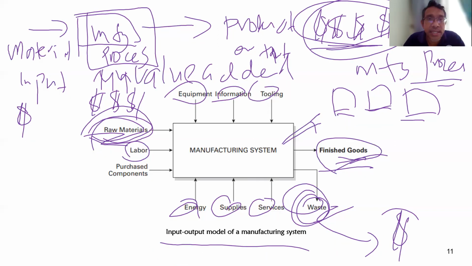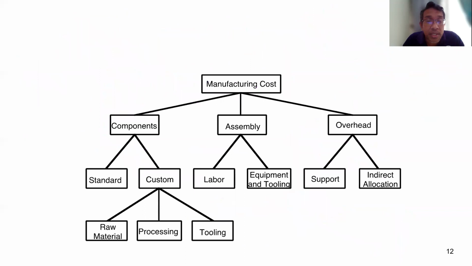So I think you understand this one, because this is just a review of previous knowledge. The manufacturing cost, to summarize again, shows one way of categorizing the elements of manufacturing cost.